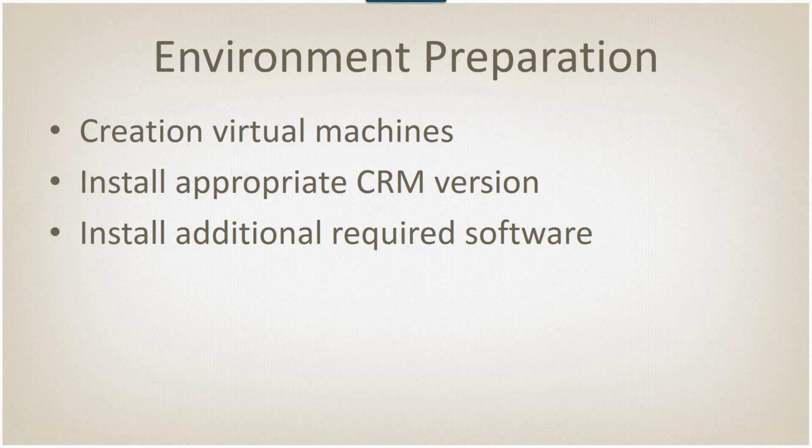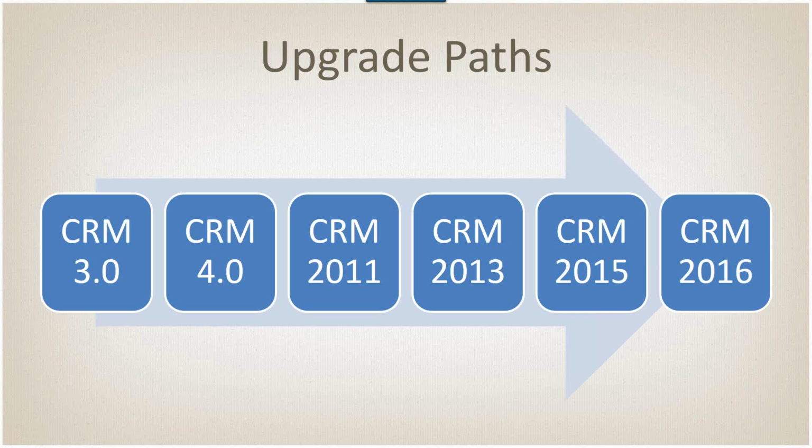So what you do is you create your virtual machines and then install CRM. A lot of times, for the intermediary machines, which are the ones here in the middle, you can just install CRM and SQL onto one box.